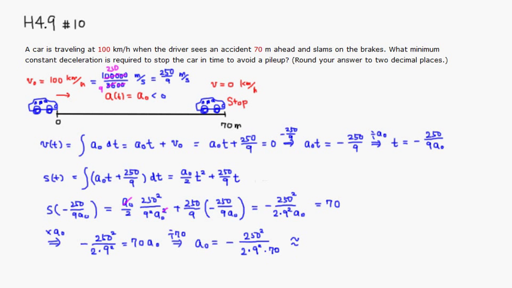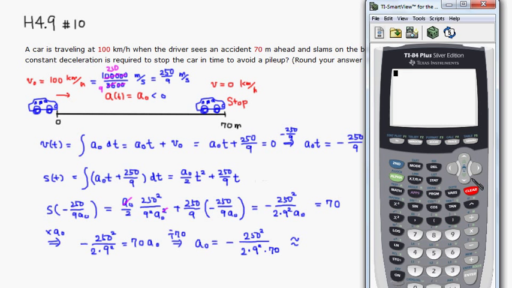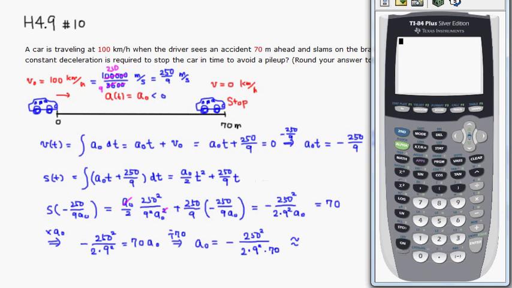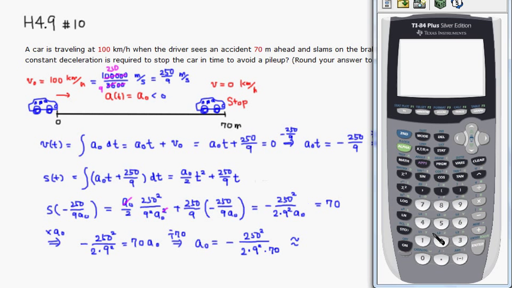Let's bring out a calculator. We need to compute 250 squared divided by 2 times 9 squared times 70, and we just have to remember to put a negative sign.